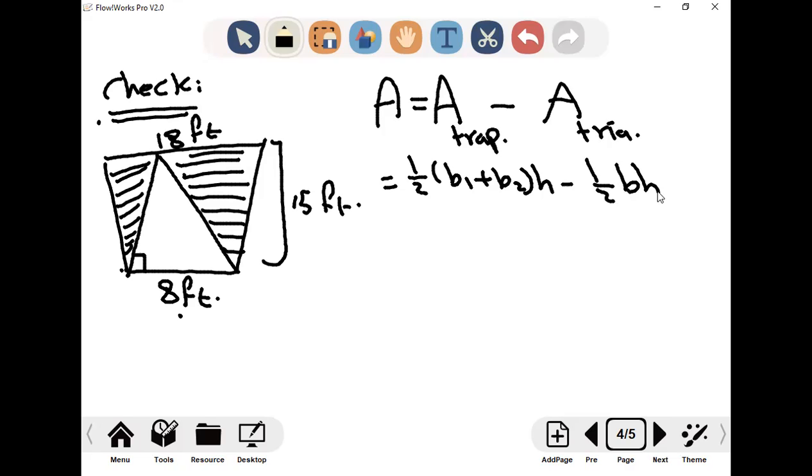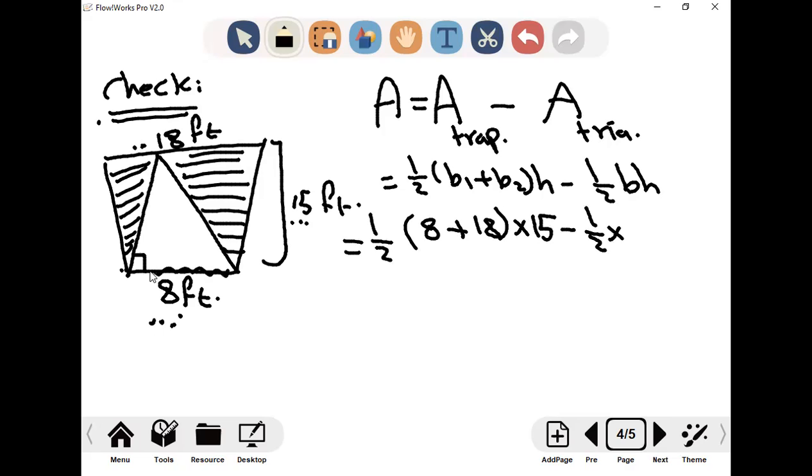Apply now, replace the values. This is equal to half, base 1, 8, plus base 2, 18, multiply the height, 15, minus half, multiply base of the triangle, 8, multiply the height of the triangle, 15.